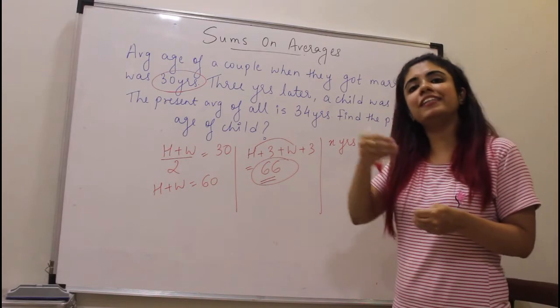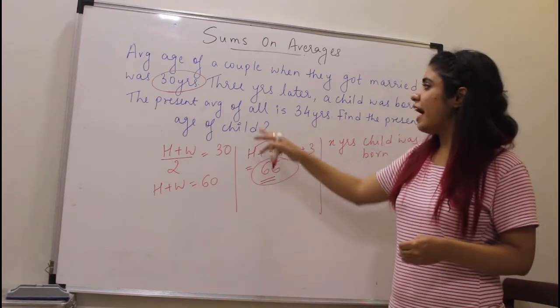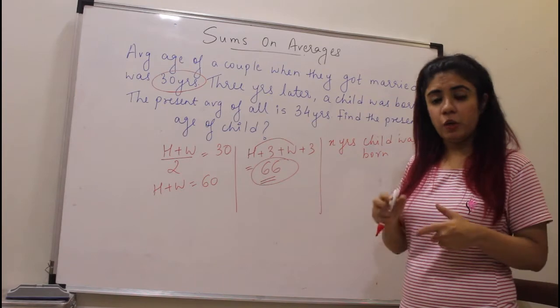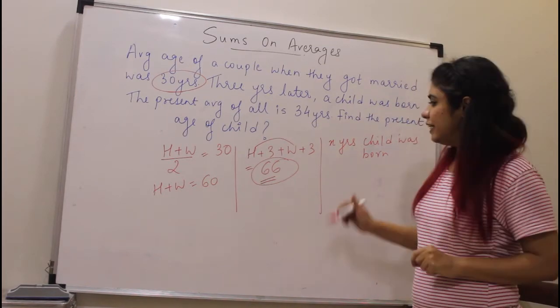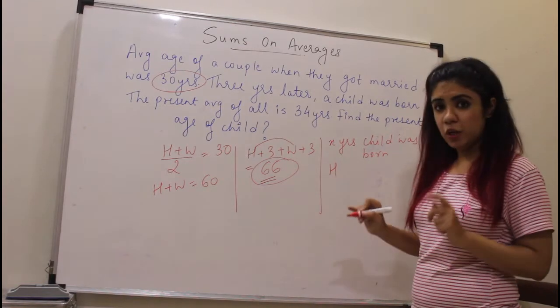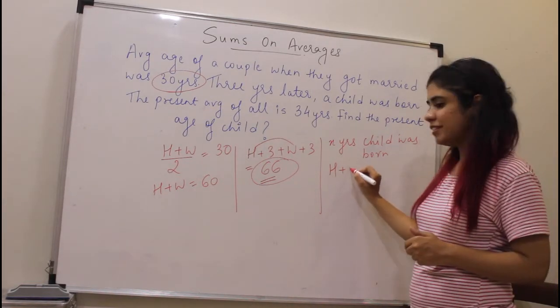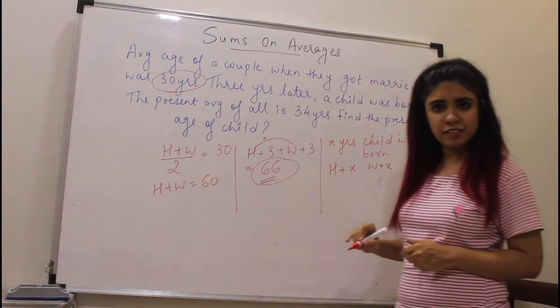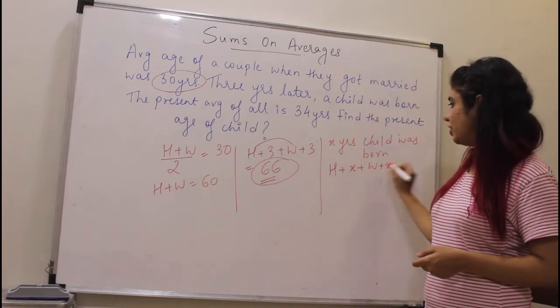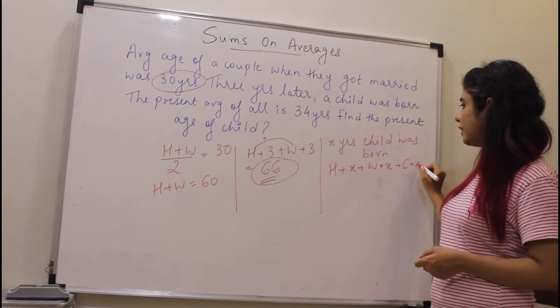After that, X years have passed, then their average is 34. Now after X years, can I say the husband's age will increase by X years? Wife's age will increase by X years? And the child's age will also increase by X years.